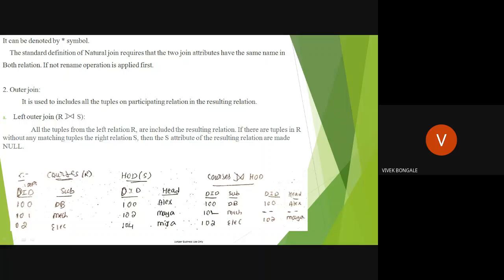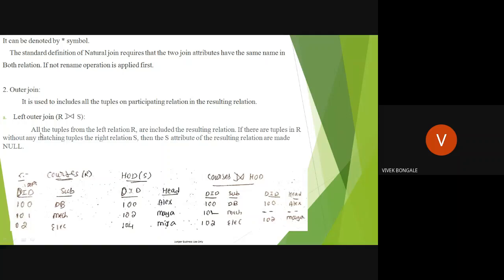One example: we have taken two tables, courses and HOD. In the course table, we have the attributes department ID and subject. In the HOD table, we have department ID and head. We join these two tables based on the attribute name, that is department ID, which is the same in both. If the department ID name is not the same as in the course table, say if you are using DPT ID, then we have to rename it with the same name as in the course table.